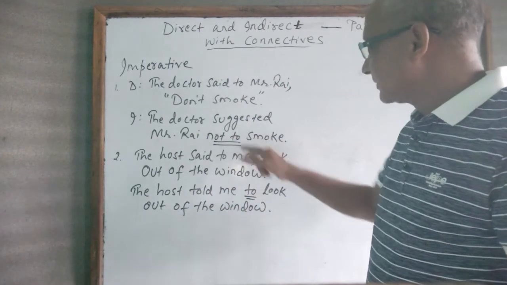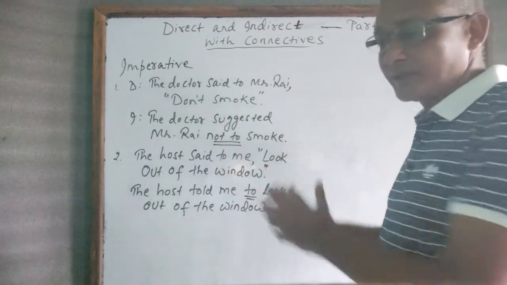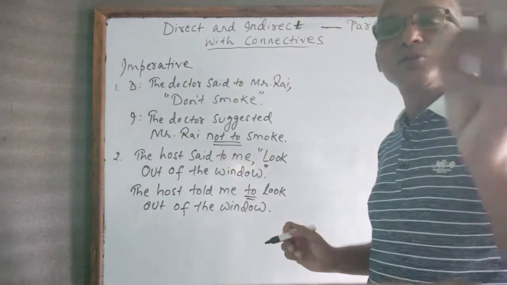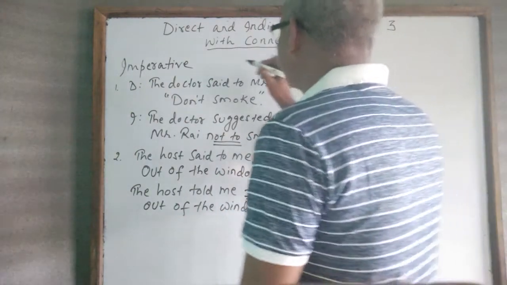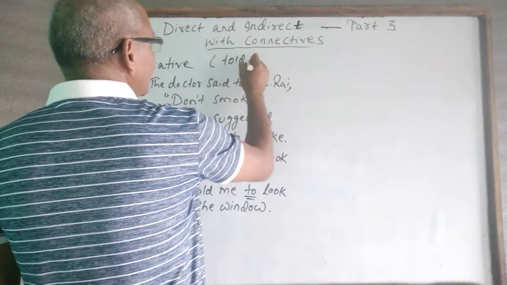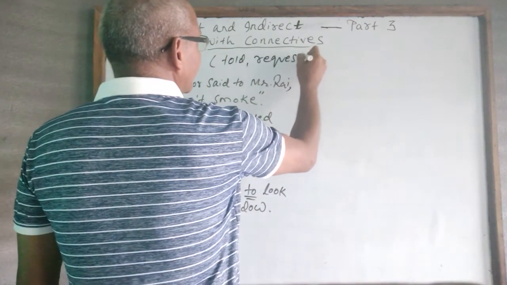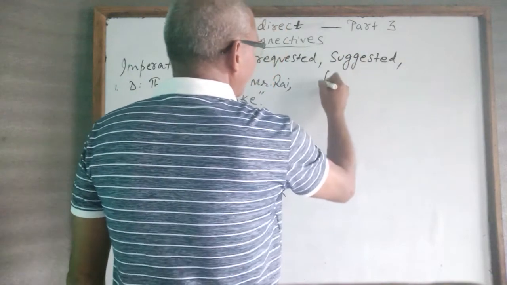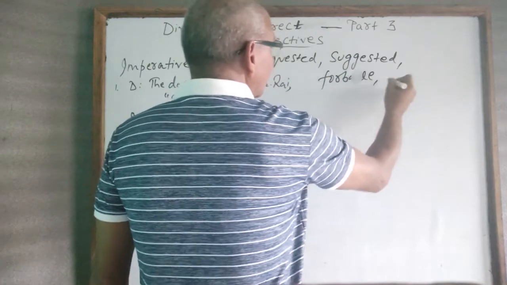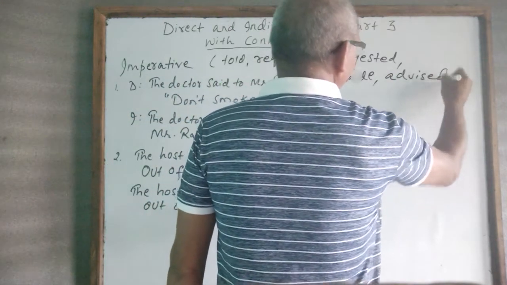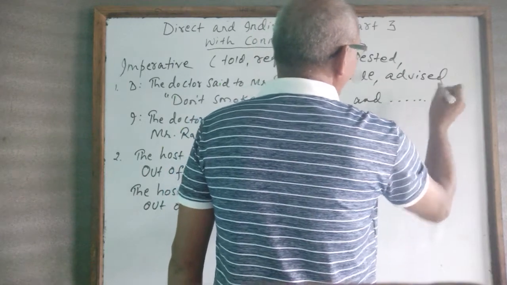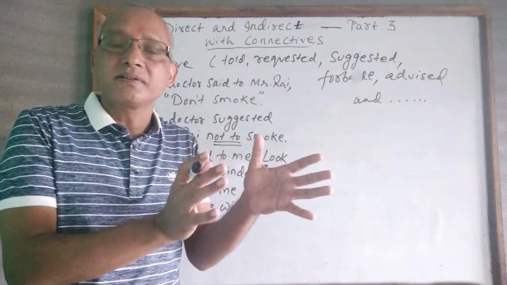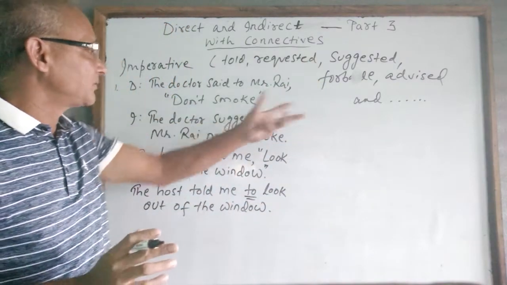These are the two examples I have given you in regards to imperative, and let us not forget that for imperatives you can use told, requested, suggested, forbade, advised, and many more. It depends upon the kinds of sentences what you are going to use here.